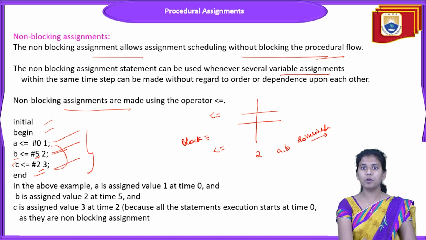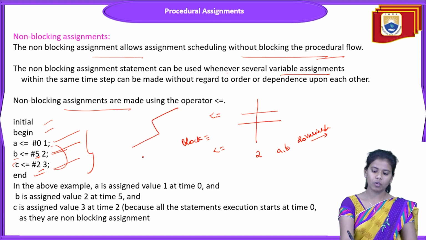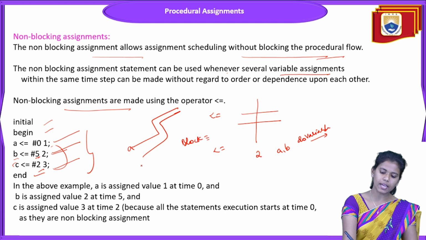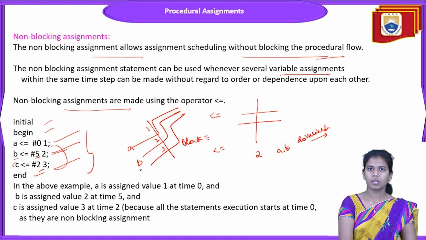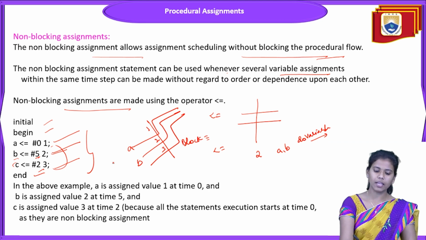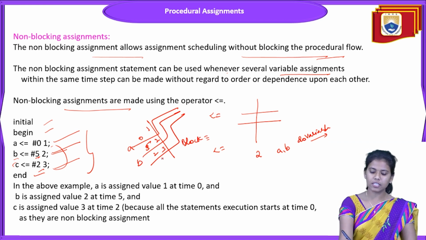The important thing to remember in these non-blocking statements is that the execution always starts at 0. Here I have A, B, C. 1 is placed in A, 2 is placed in B, and 3 is placed in C. Here you will see time delays of 0, 5 and 3, but just remember that all the statements' execution should start at time 0.